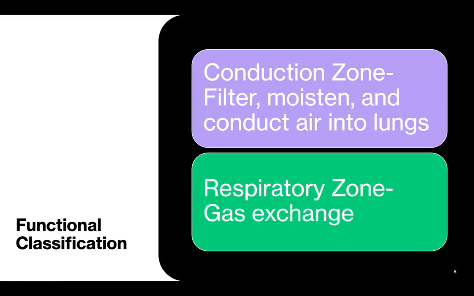The purpose of the conducting zone is essentially going to be filtering the air that comes in, moistening the air that comes in, and then conducting the air from the atmosphere and all the way into the lungs. Okay, and so we'll talk about what structures are involved with the conducting zone, but that is the job. All right, it has nothing to do with gas exchange.